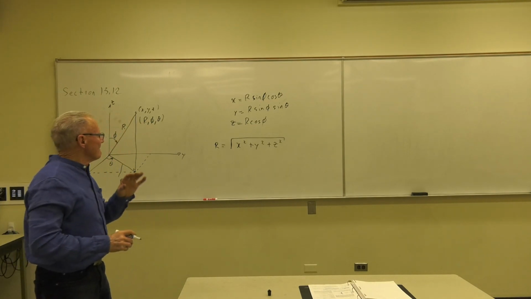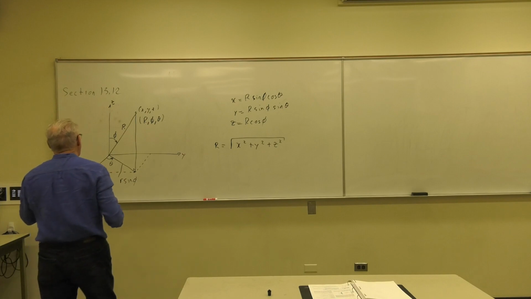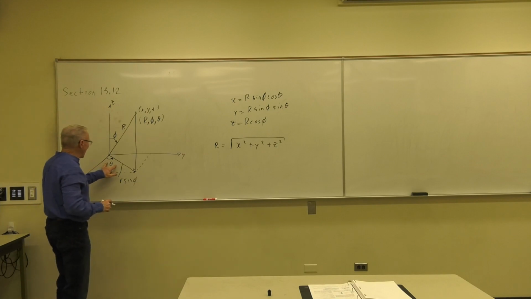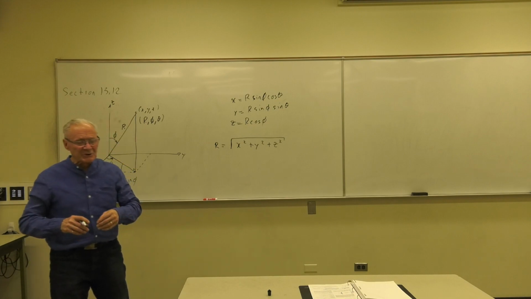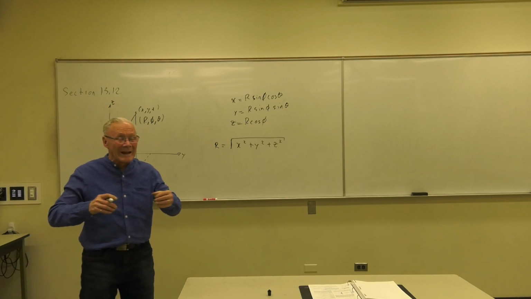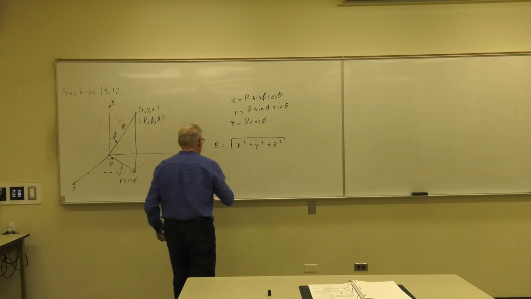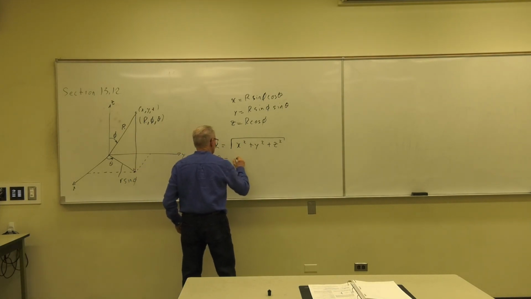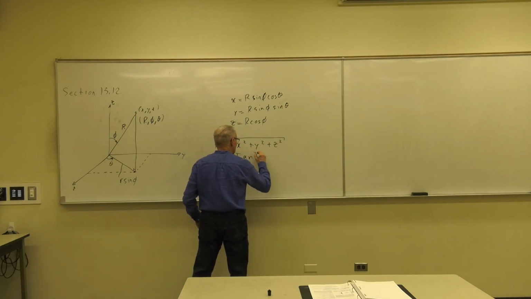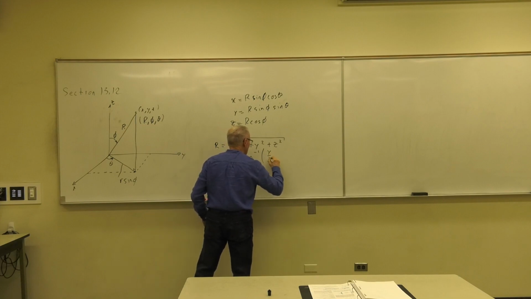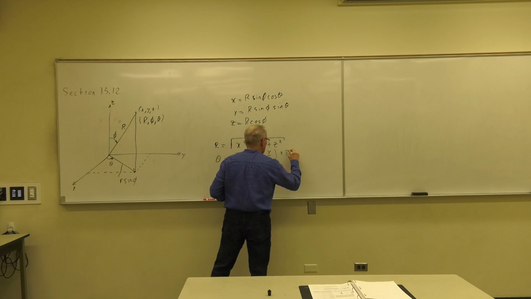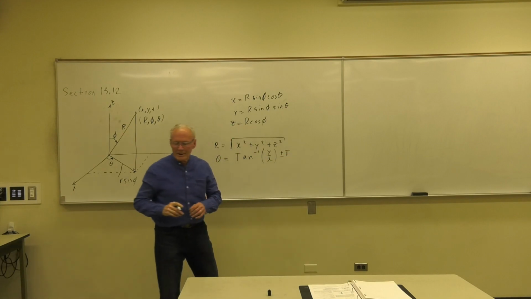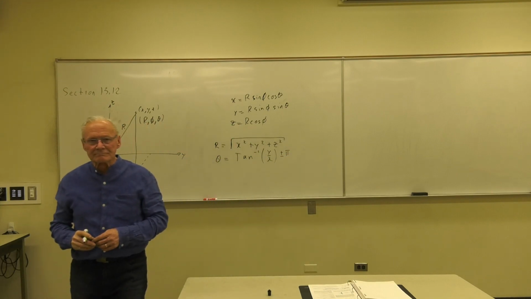Theta. Theta is the same angle that we had in cylindrical coordinates and polar coordinates, so there is no really nice form of theta. We had theta equal to inverse tan of y over x, which doesn't always work. You might need a pi, and you might need a minus pi, so that was not nice.